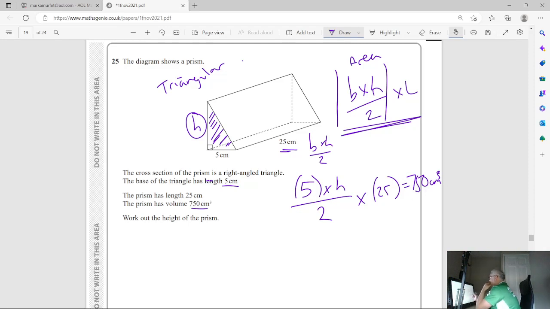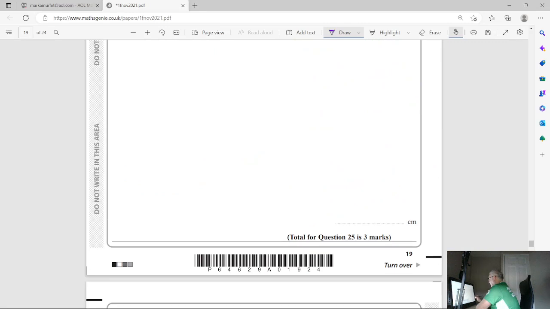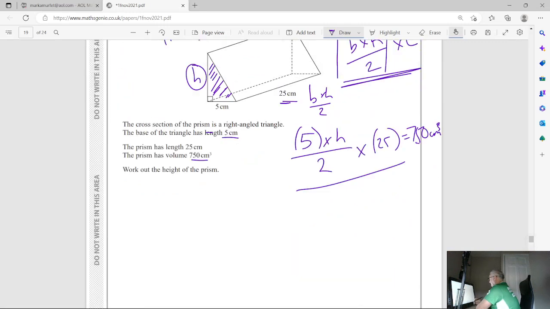So at this point, we've got 1 mark because we've substituted what we know into the formula that we needed. Now I just need to simplify all of this side, so I've got h on its own. So let's try and simplify away.